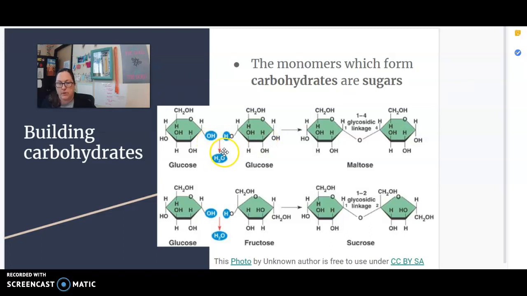So here we have one glucose is going to give up an OH group. That's a hydroxyl group. And the other one gives up a hydrogen atom, and they form a bond or a linkage. That linkage in a carbohydrate is called a glycosidic linkage. So sugars are joined together to form carbs, and sugars are the monomers that form carbs.